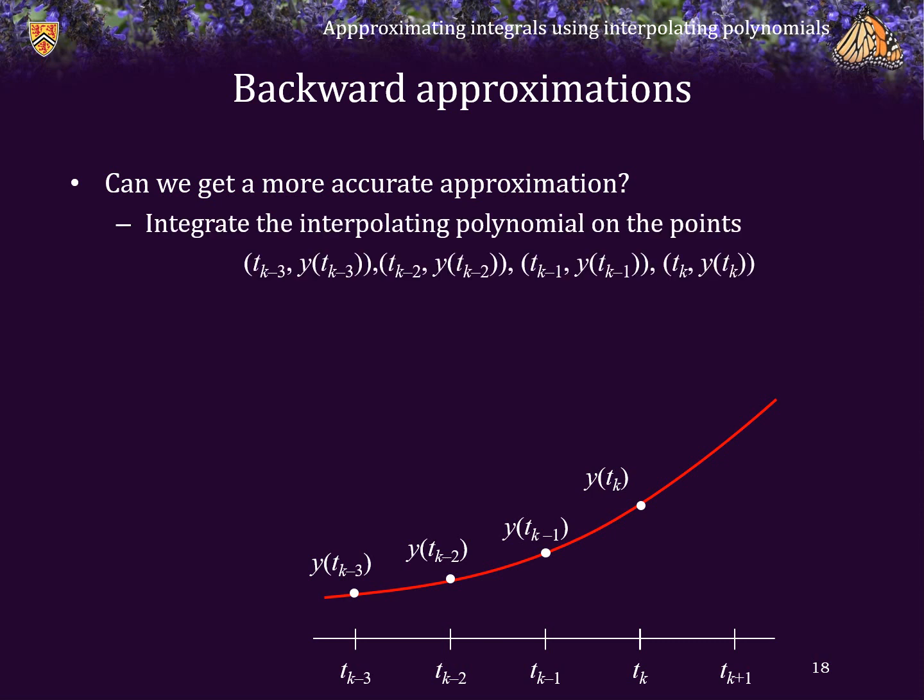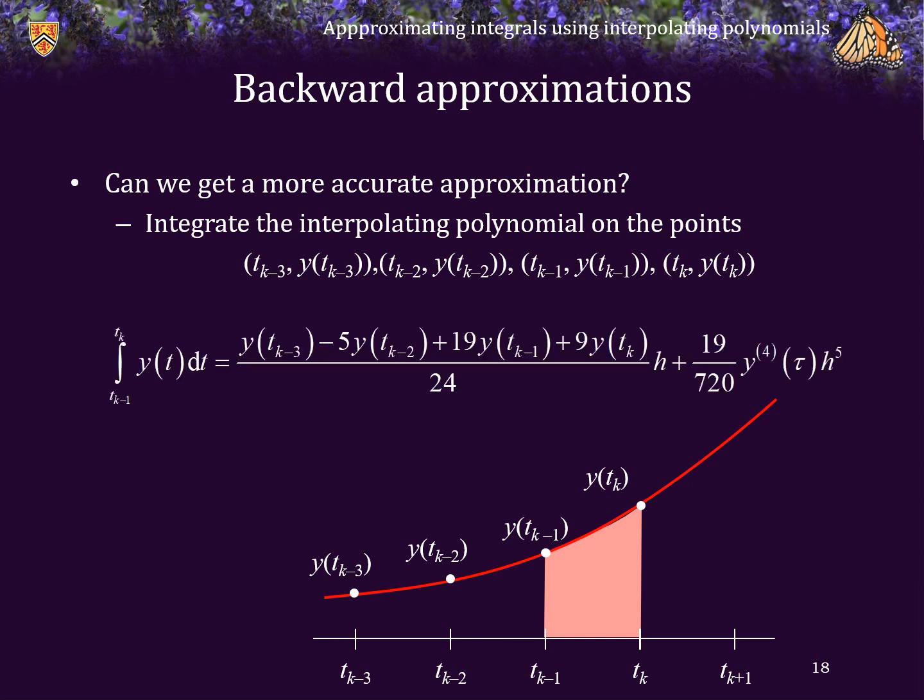Integrate the interpolating polynomial that goes through the current point and 3 previous points in history. Now, in that case, once again, we're only going to integrate this interpolating cubic on that last time interval. And here's the approximation.